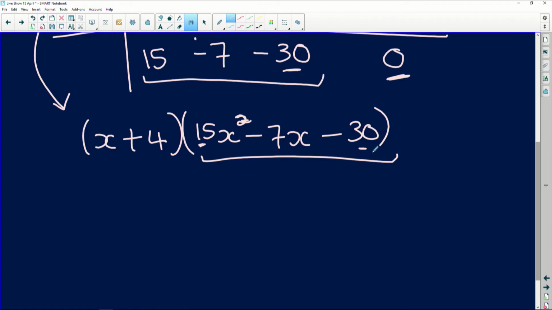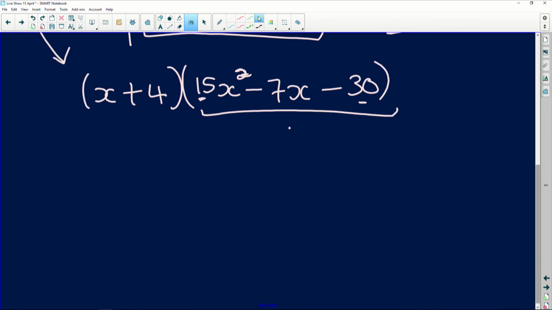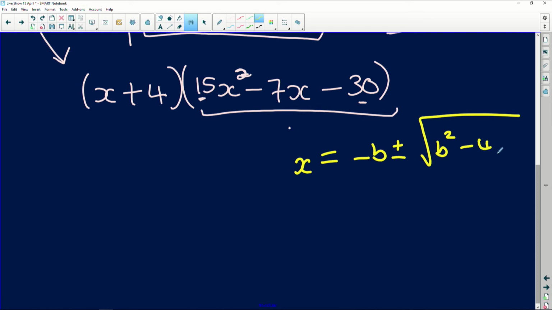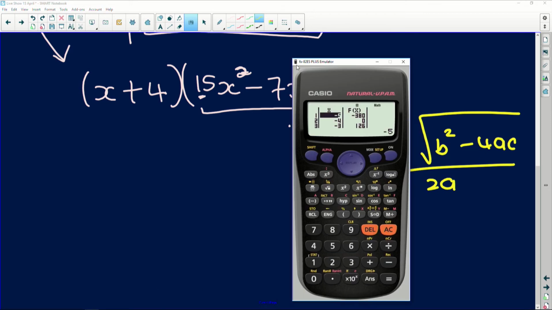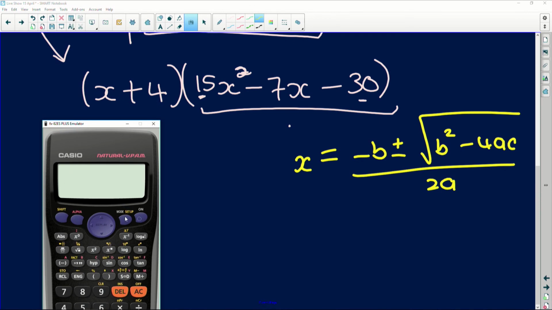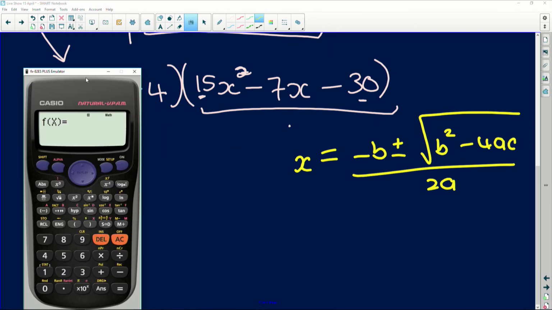So to find the factors for these brackets, I'm just going to have a side note here. The quadratic formula says that x equals minus b plus or minus the square root of b squared minus 4ac, all over 2a. So I'm just going to stick this into my calculator here. Get it onto the right mode first, mode 1.